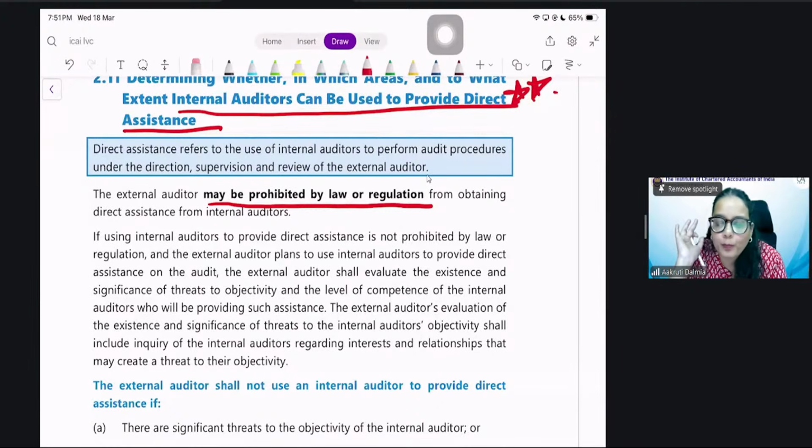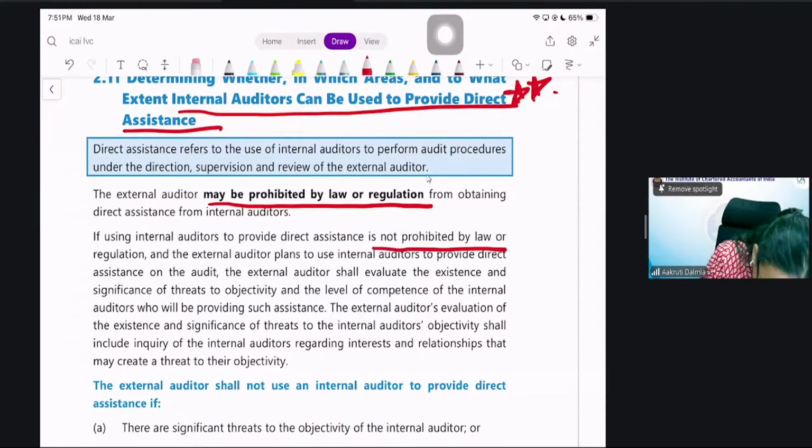No. So first check that under whichever act you are doing the audit, does it even allow you to take the direct assistance of the internal auditor? So first check if it is prohibited.